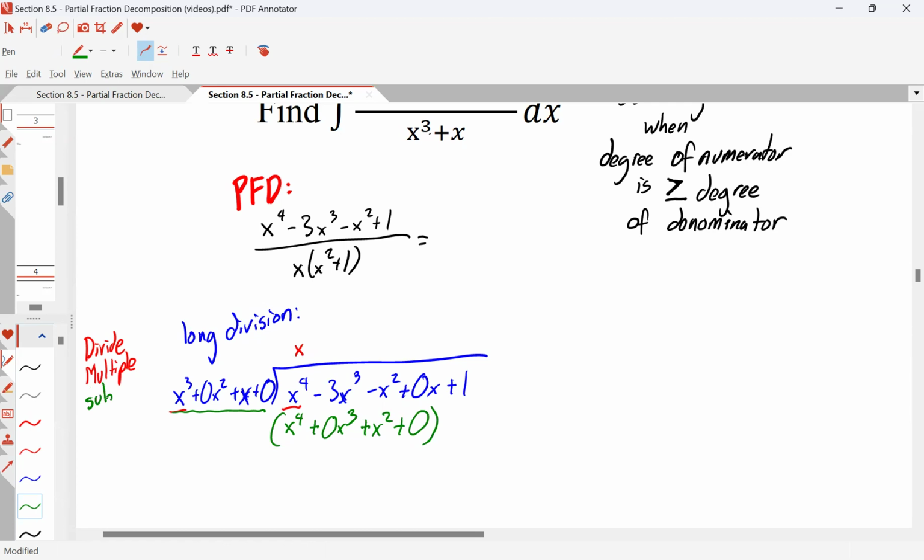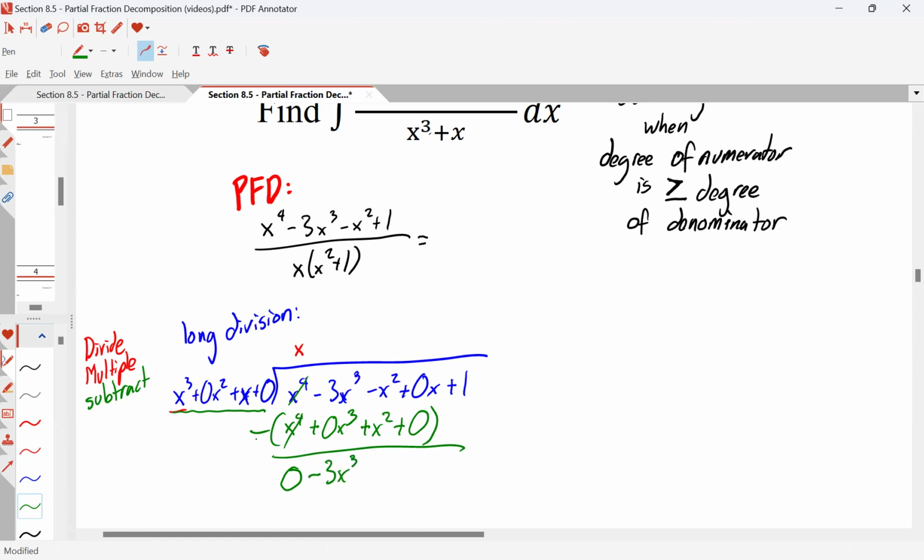Now subtract. So subtracting everything. The whole point of that first division is that the first term will cancel. X to the fourth minus x to the fourth goes away. We have 0. Negative 3x cubed minus 0 is negative 3x cubed.